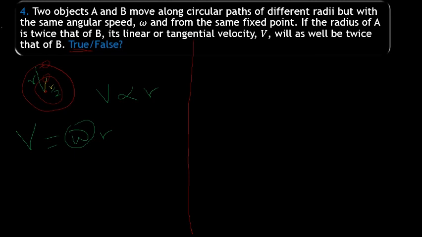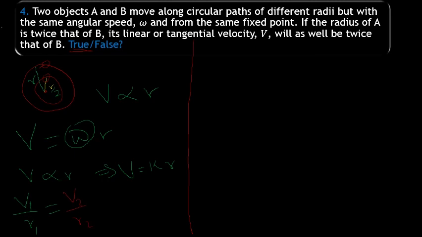All right, so if we establish our constant, V is proportional to r, and then V is equal to kr, where k is omega. So I can say V over r, I'll put 1 here, equals V2 over r2.